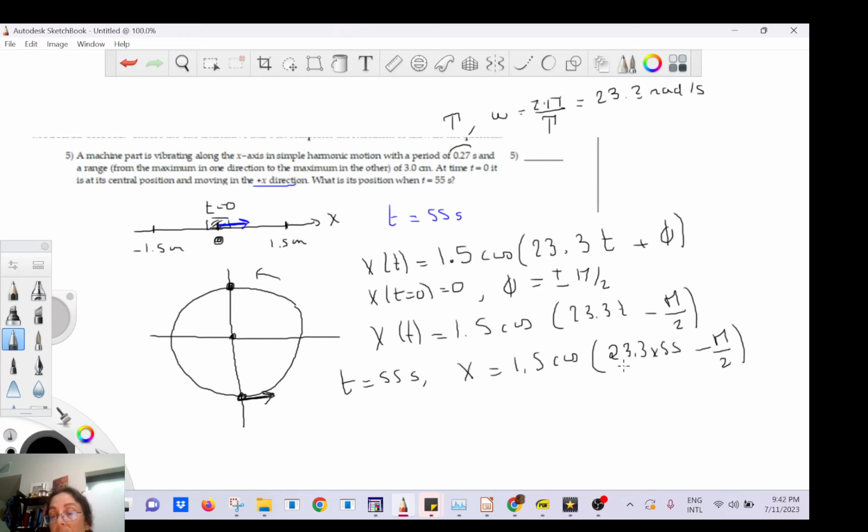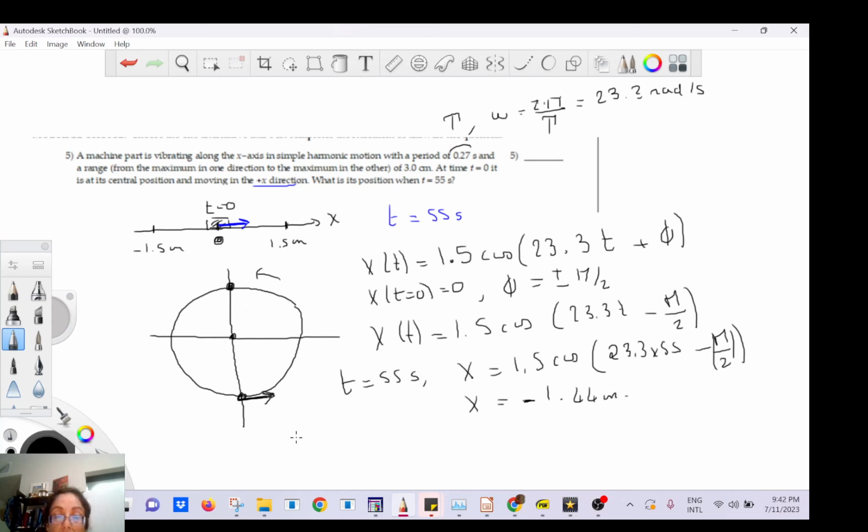The best way to do it, you do first 23.3 times 55, and then you do minus, open the parenthesis, pi over 2, and then you take the cosine, you multiply by 1.5. And if you do that, you get a negative number, 1.44 centimeter.